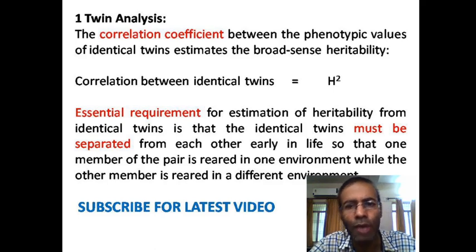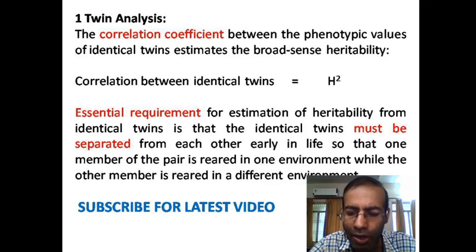The essential requirement for the estimation of heritability from identical twins is that the identical twins must be separated from each other early in life, so that one member of the pair is reared in one environment while the other member is reared in another environment.